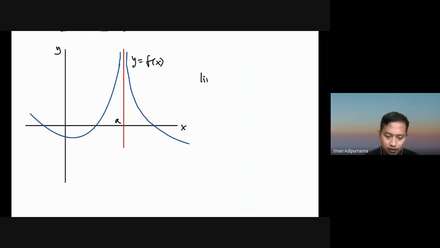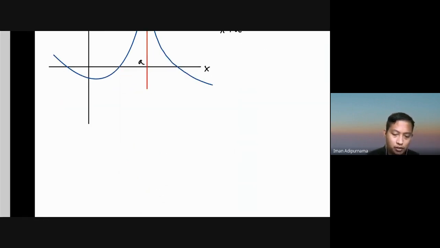So we say that the limit as x approaches a, some number a, of our function here will be infinity. So again, this means that f of x increases without bound as x approaches a.